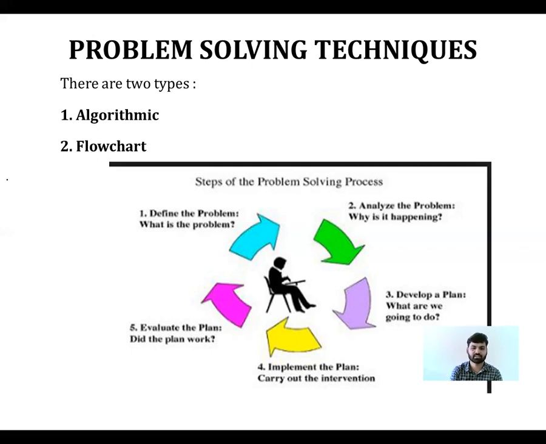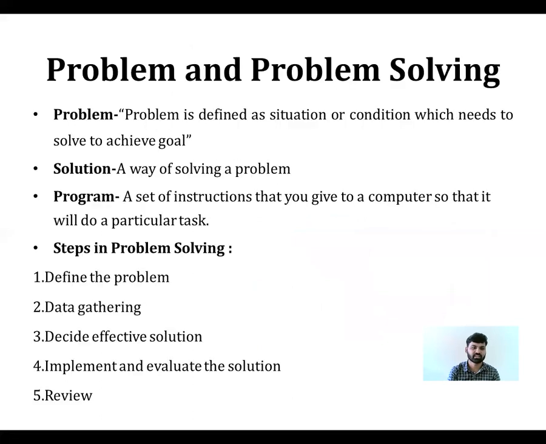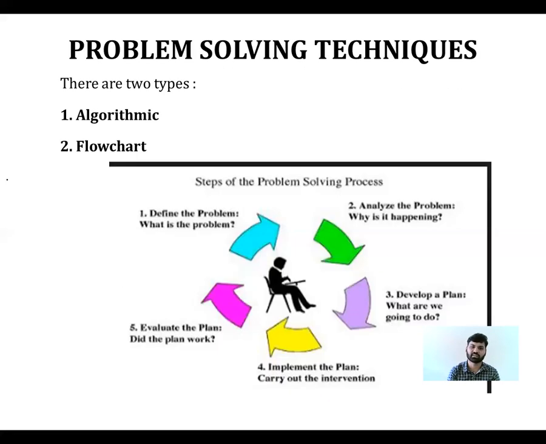In that diagram, first is define the problem, second is analyze the problem, third is develop a plan, fourth is implement the plan, then fifth is evaluate the plan. This diagram is related to the steps of the problem solving process.